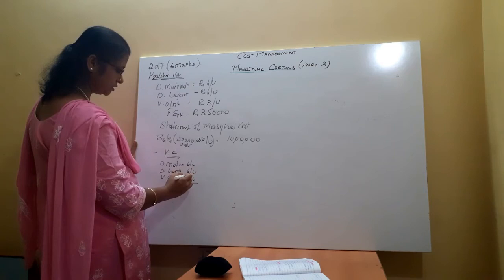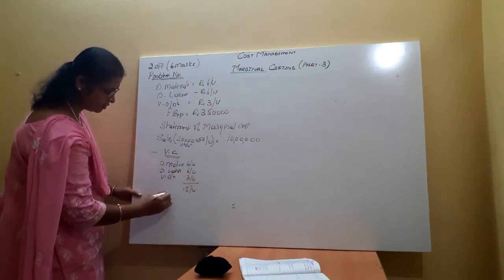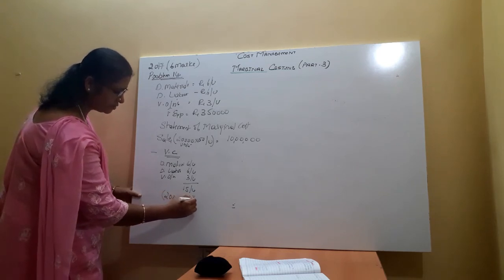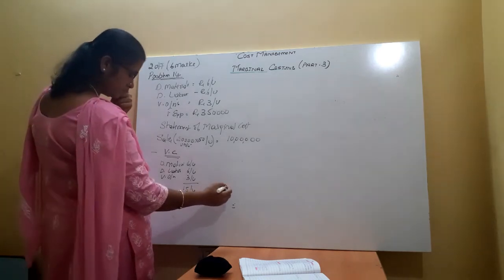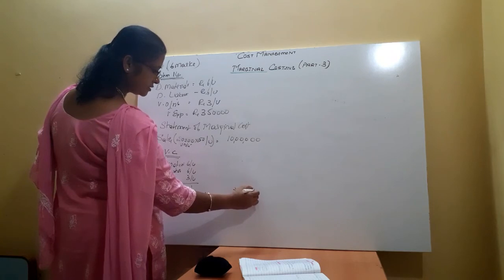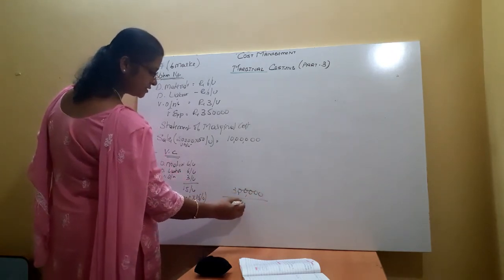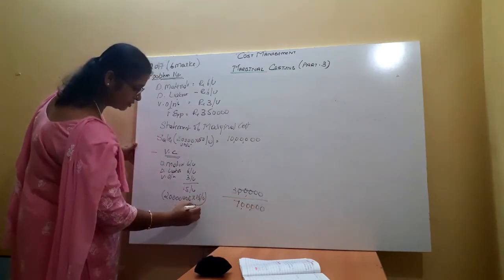So when you total all this, you get 15 rupees per unit. So total variable cost will be 20,000 units into rupees 15 per unit, which comes up to 3 lakhs. So 10 lakh minus 3 lakhs is 7 lakhs, which is the contribution.